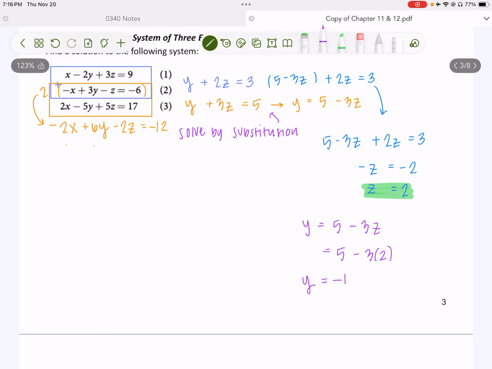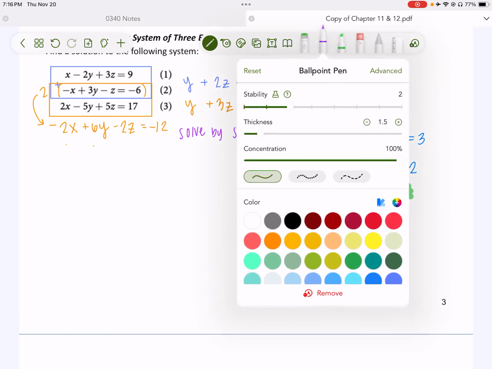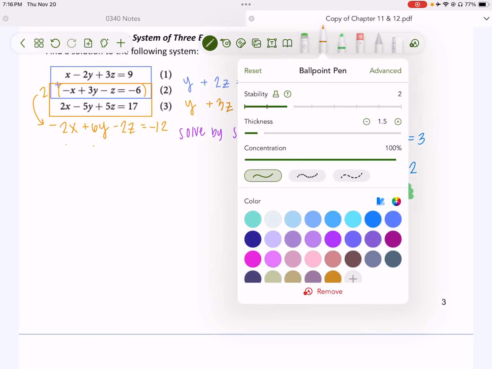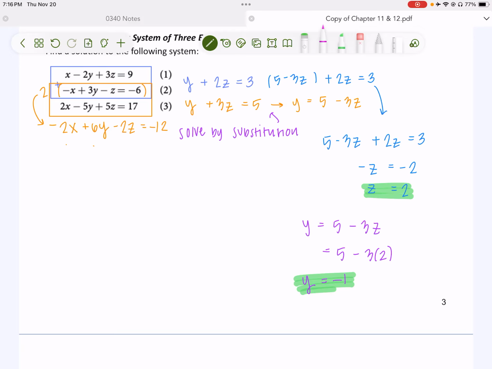So now I have two of the three, and I can go all the way back to the beginning and solve for x. x minus 2y plus 3z equals 9. I'm going to find x, so I have x minus 2 times negative 1 plus 3 times 2 equals 9.